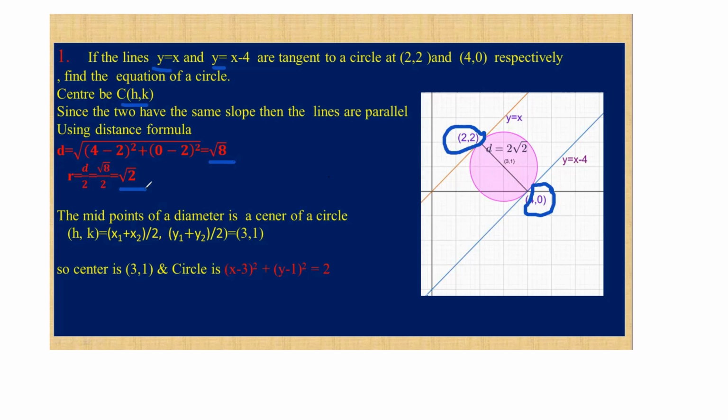Using the midpoint of a diameter, you can also calculate the center of a circle.